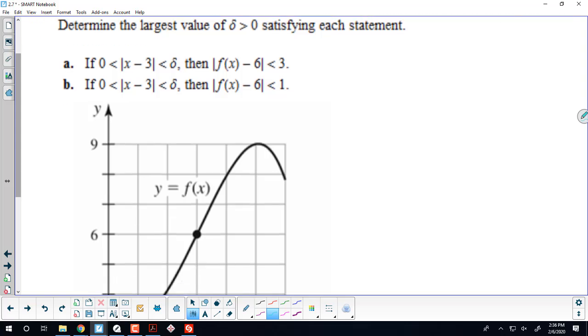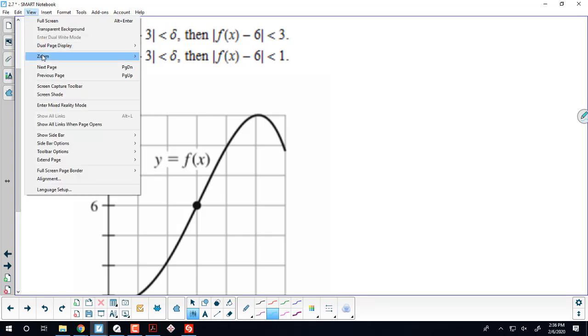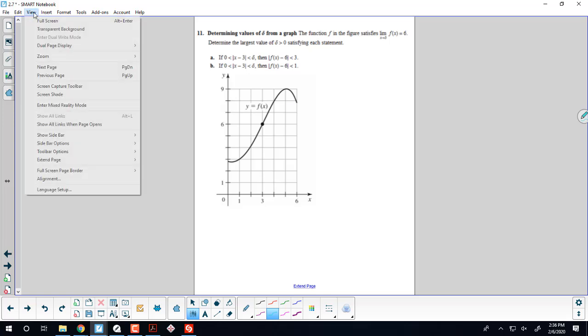Sorry. Who all has this? Is that too small? Yeah, epsilons are 3 and 1.